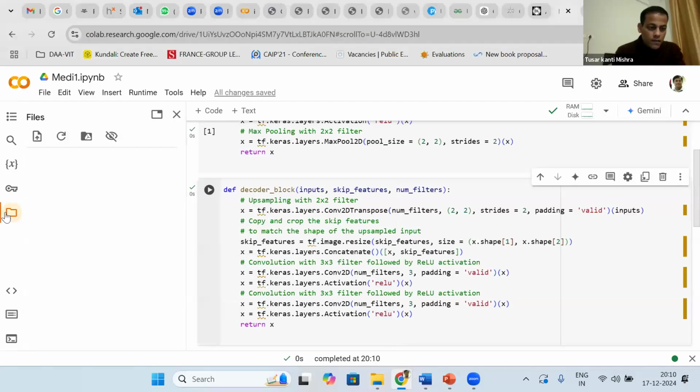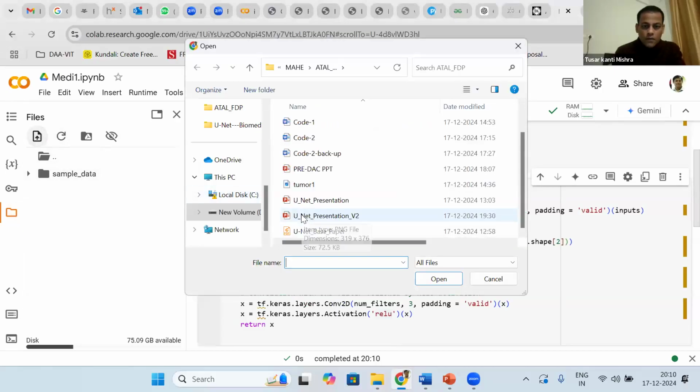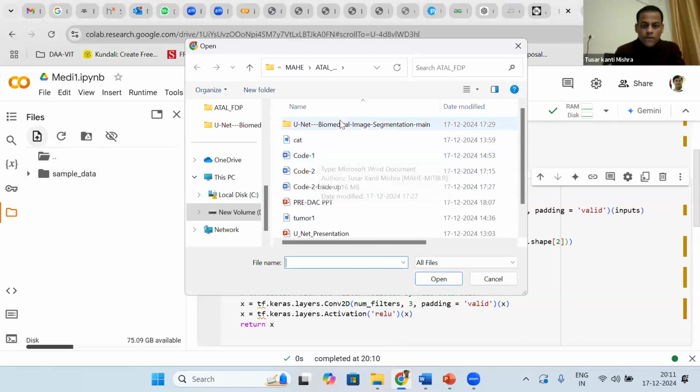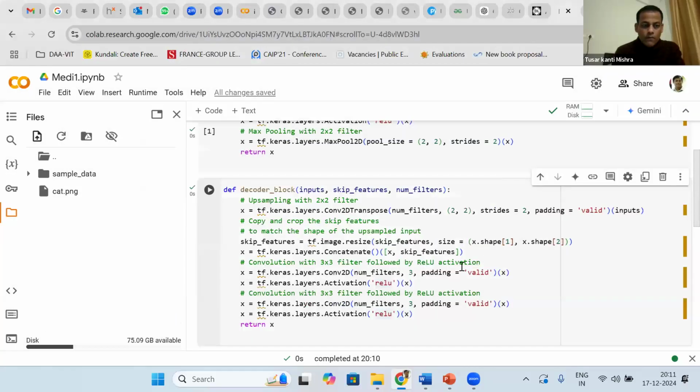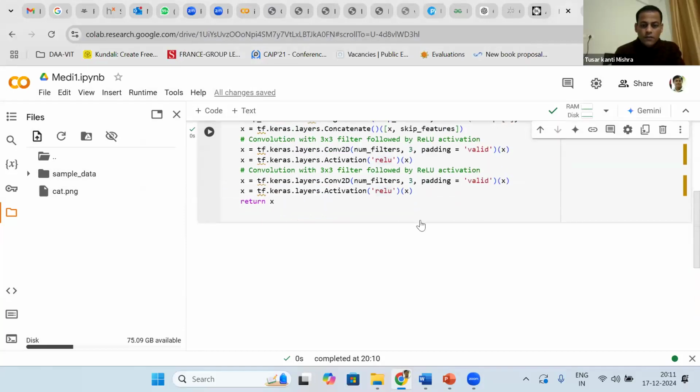But before that, let us upload one image as well. Cat is not there. Okay. Yeah, cat is there. Yeah, now we have uploaded the cat image.